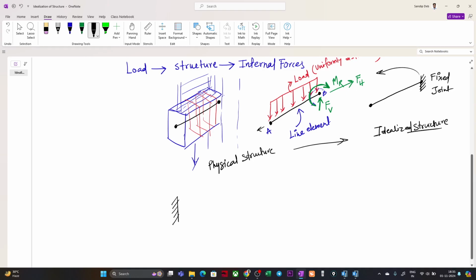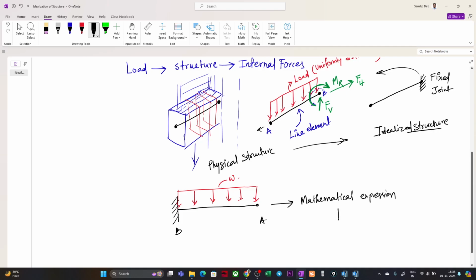Suppose this is my fixed joint, I have a line with these 2 points, suppose B and A, and a uniformly distributed load applied on this, having some value. Now you can create a mathematical expression for this, and then from this you can find out the solution.